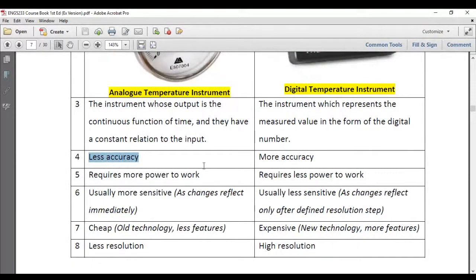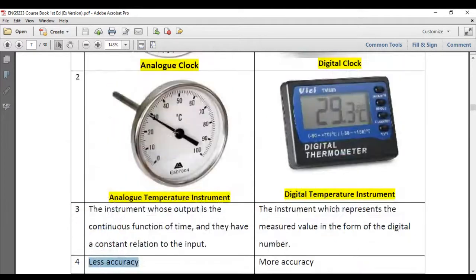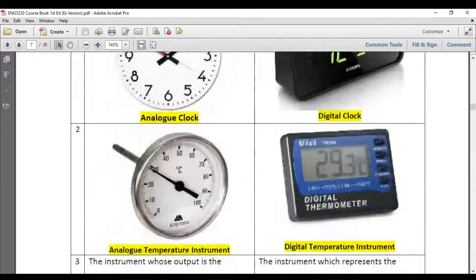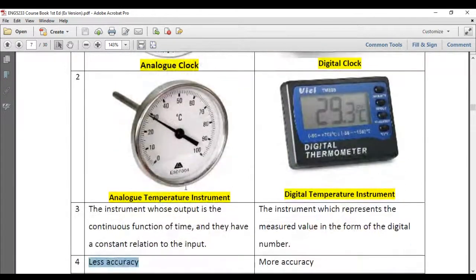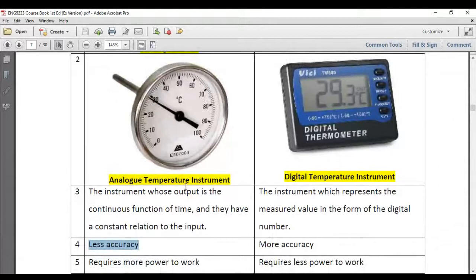Mostly the analog meters are less accurate and digital are more accurate because digital are using new technology. They are giving more accurate readings, while the analog instruments are using mechanical parts and mechanical movement. And in mechanical spring based movement or pivot movement, it consumes energy.